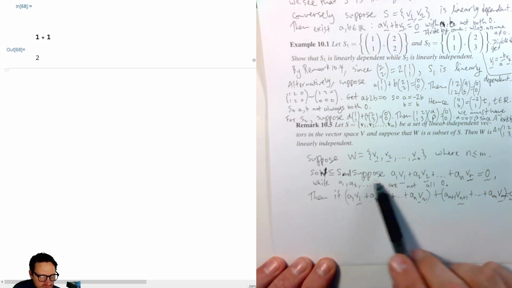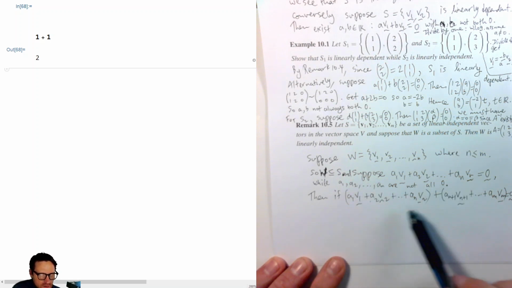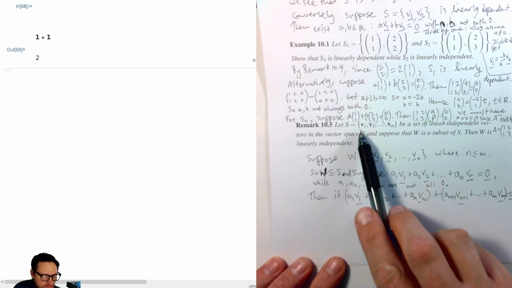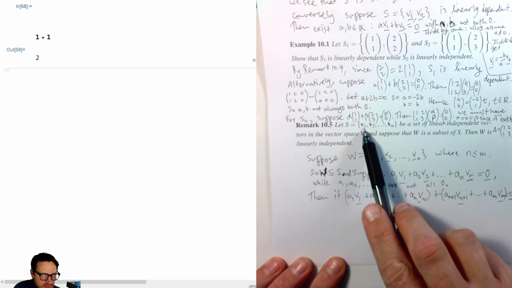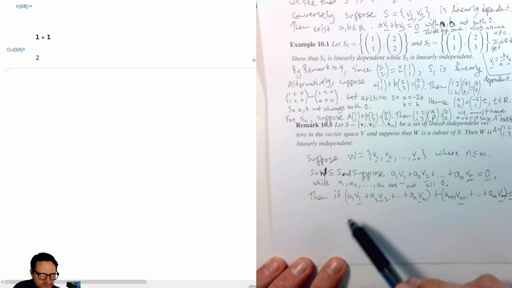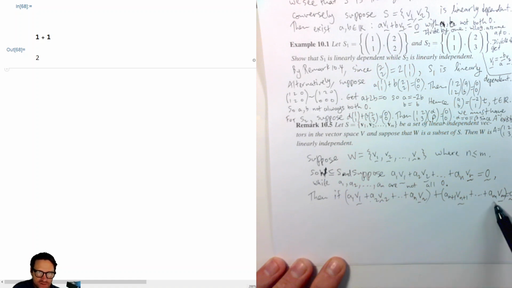So if these are not all 0, but S is linearly independent, so whenever you set this up, all of these have to be 0, right? That's your contradiction right there.